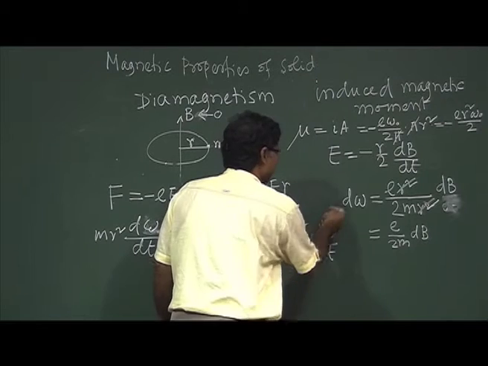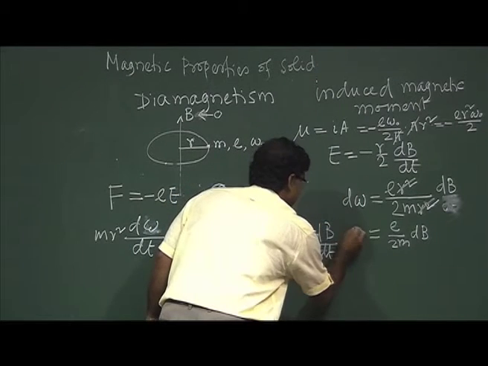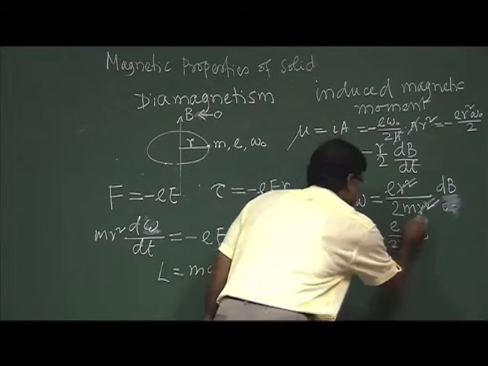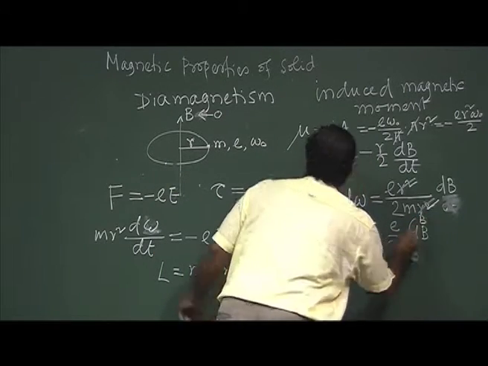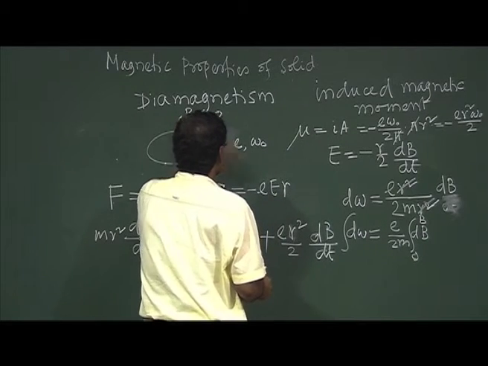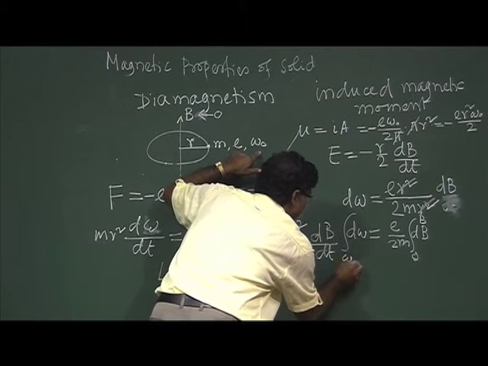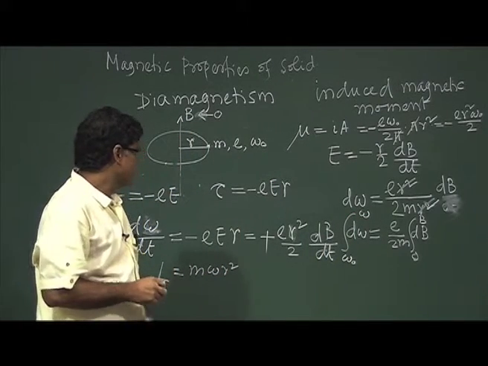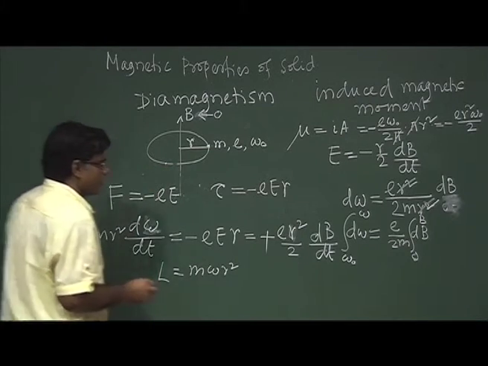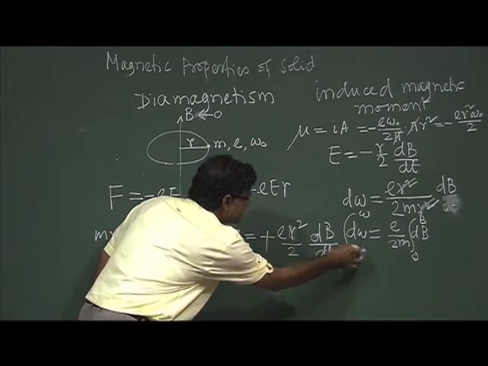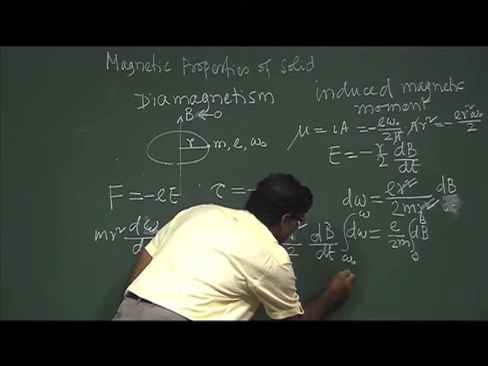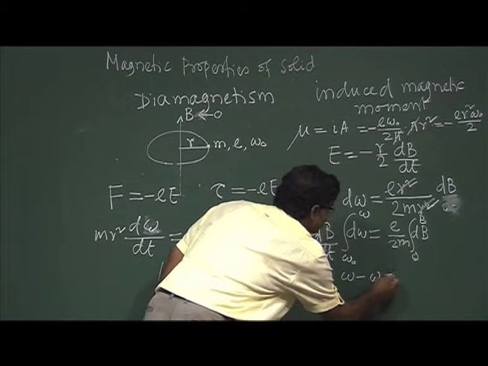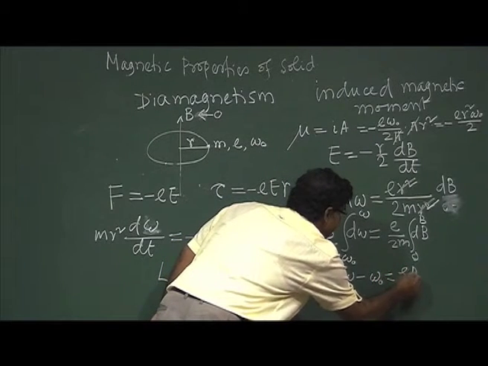Now we are changing the field from 0 to B, and the frequency was omega 0 and it changed to omega. So I get omega minus omega 0 equal to e B by 2m.